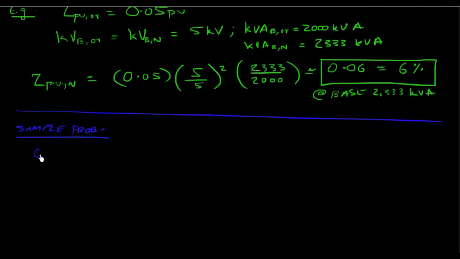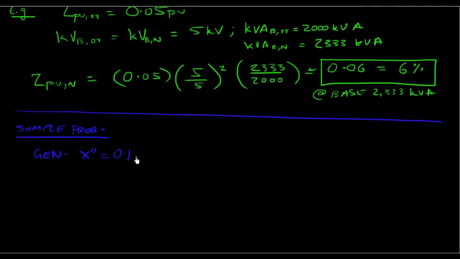Let me say there's a generator. Every generator has what's called a subtransient reactance, and we'll probably deal with this if you haven't seen this before. I'll talk about generators at a later date, and you can go refer to those videos, or you might have already heard of this in your classes or in your studies before. So there's a subtransient reactance.